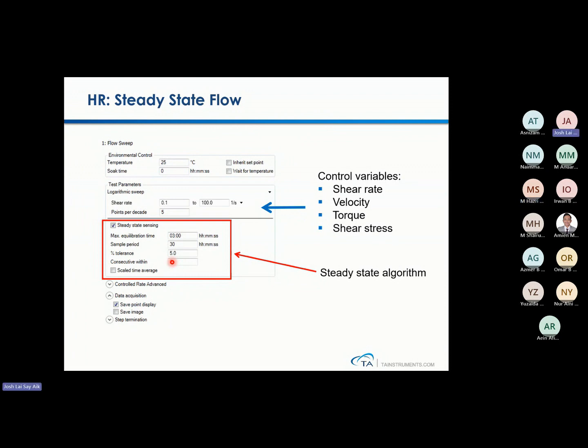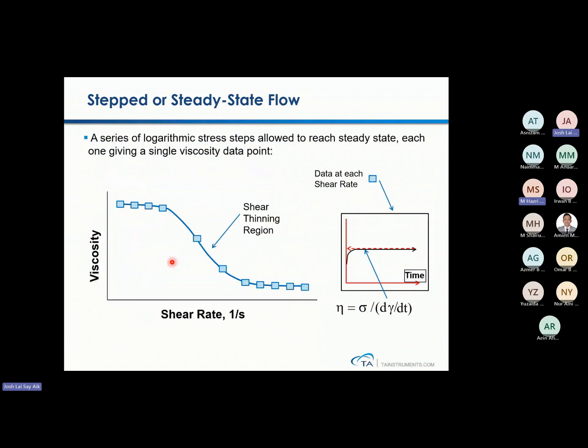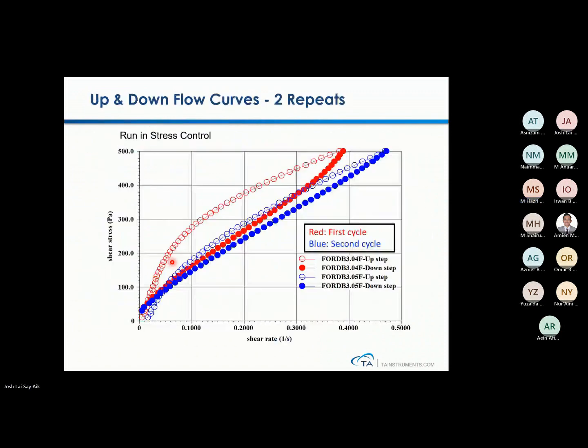But if they are intended for steady state, then they need time. And this is normal for those complicated fluids, because you need to make sure all the particles are flowing in the same direction.